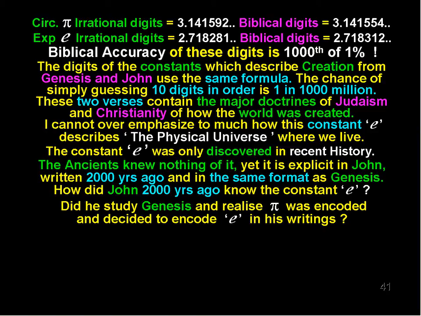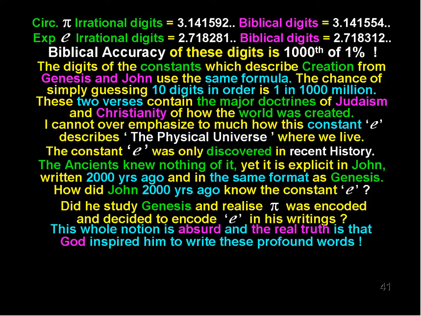The ancients knew nothing of it, yet it is explicit in John, written 2,000 years ago, and in the same format as Genesis. How did John, 2,000 years ago, know the constant e? Did he study Genesis and realize pi was encoded and decided to encode e in his writings? This whole notion is absurd. The real truth is that God inspired him to write these profound words.